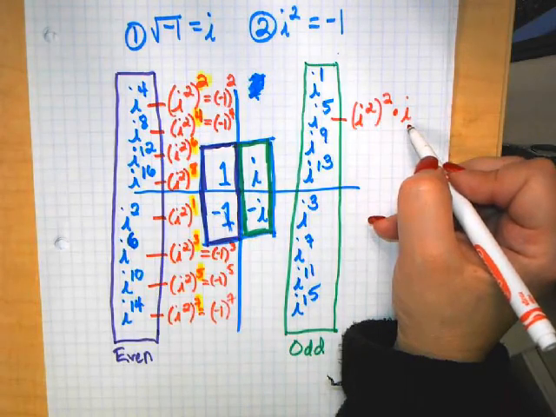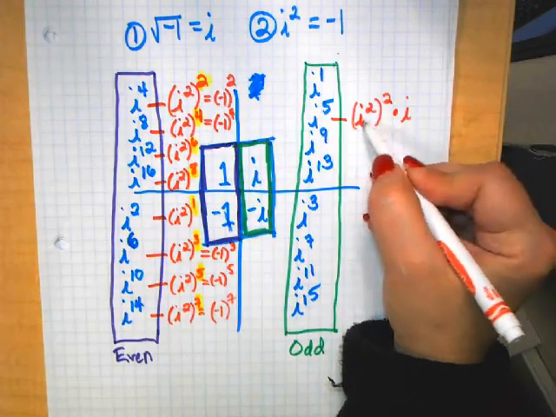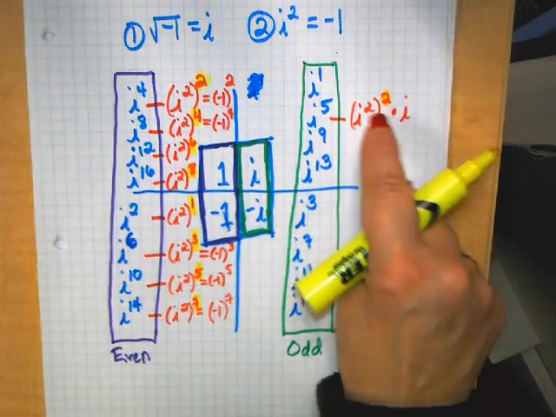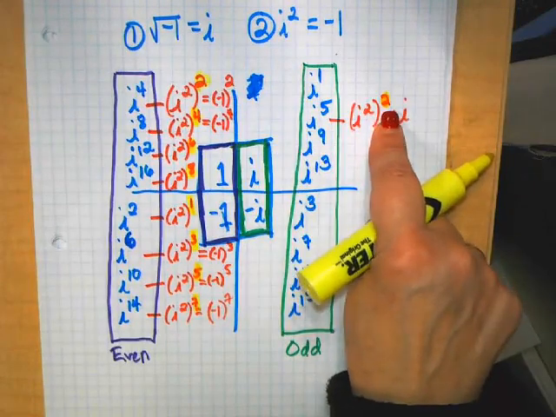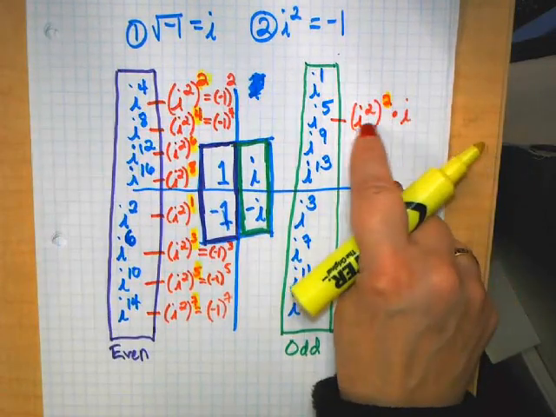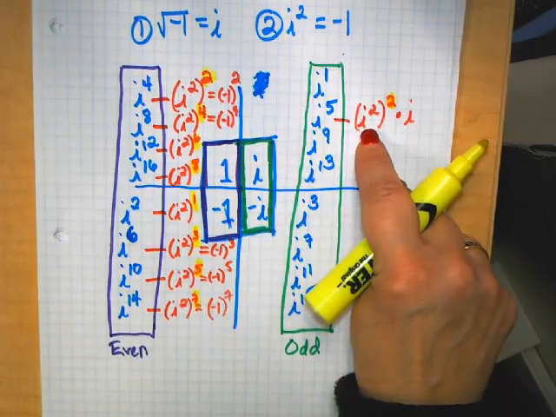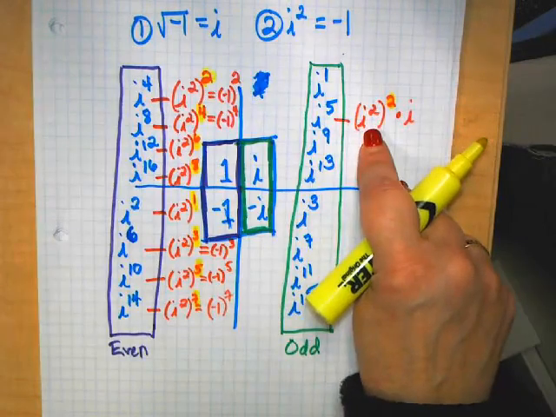If we have an even number of pairs of i's, we know our answer will be positive. And this expression, when you square negative 1, makes it a positive 1.